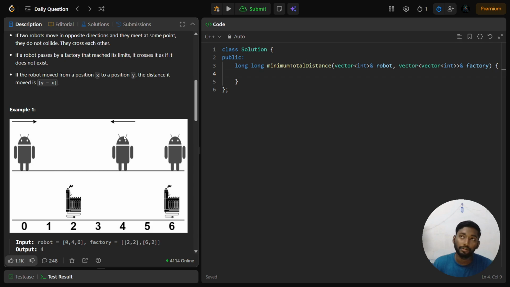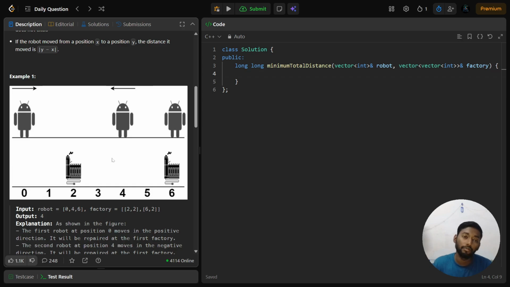First of all, we need to sort the positions. Whenever you are given positions in one dimension, you can sort them and make some greedy move. But would greedy work here?